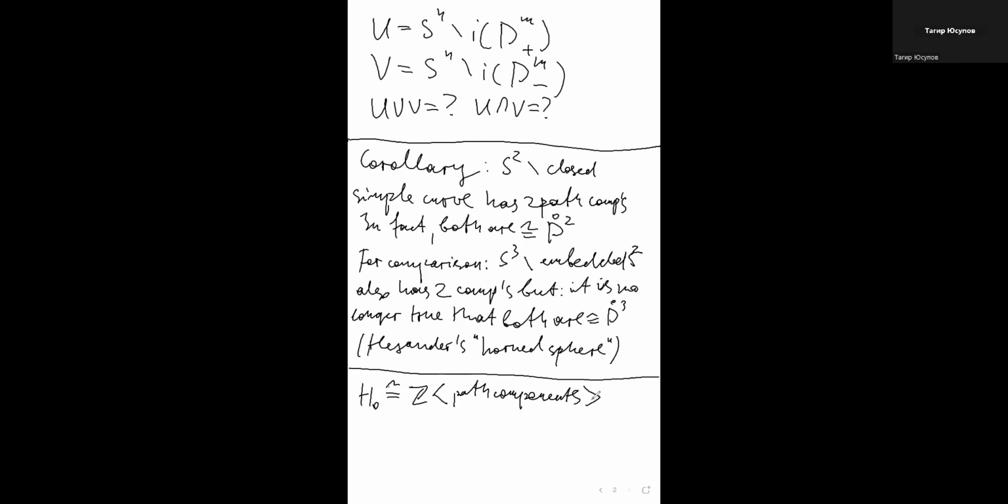The standard homology in degree 0 is the free abelian group generated by the path components.